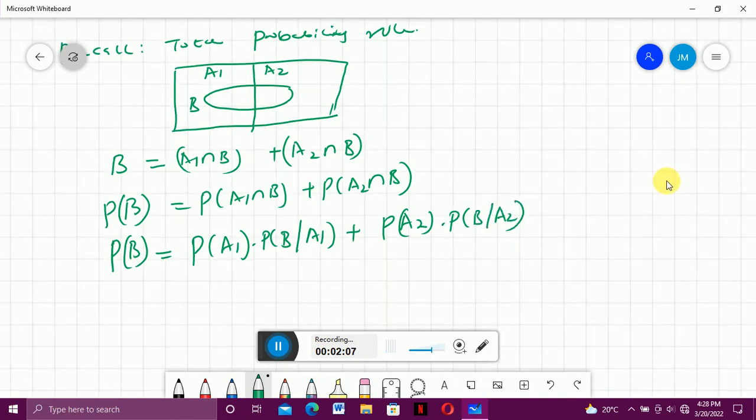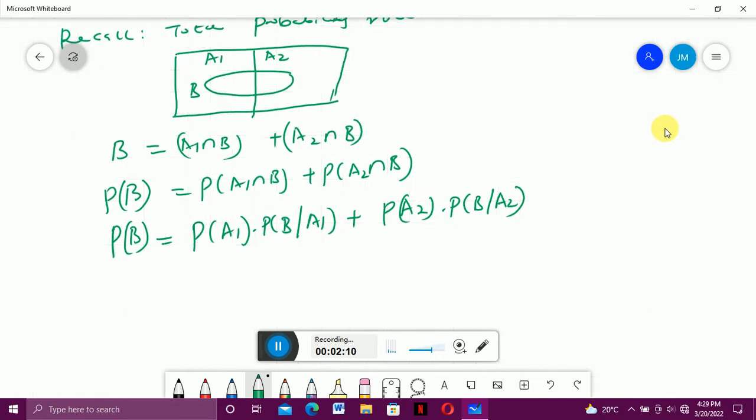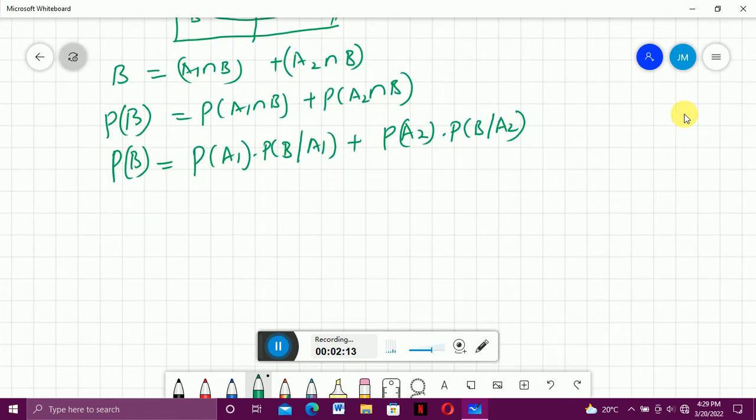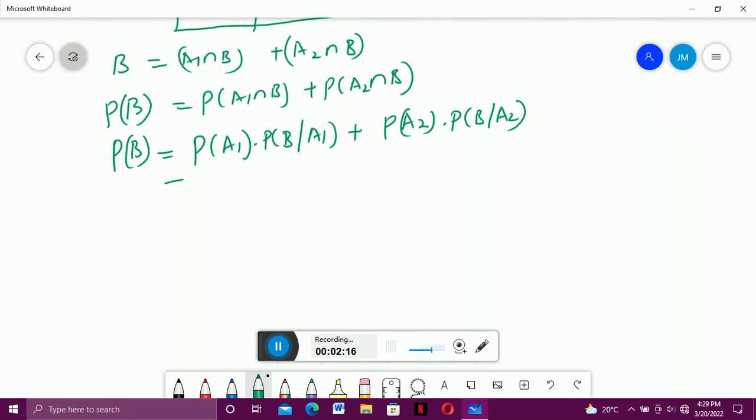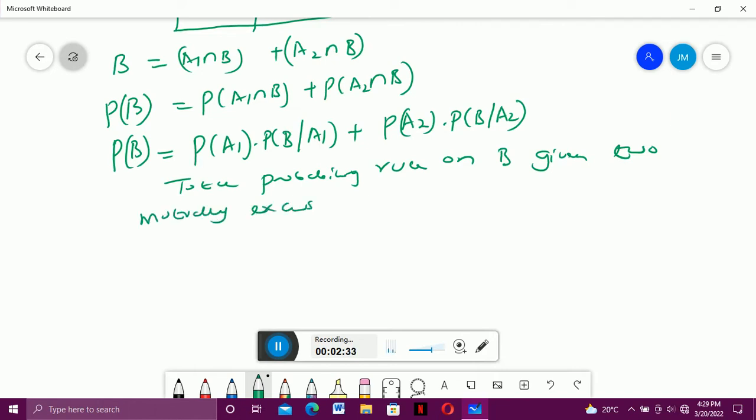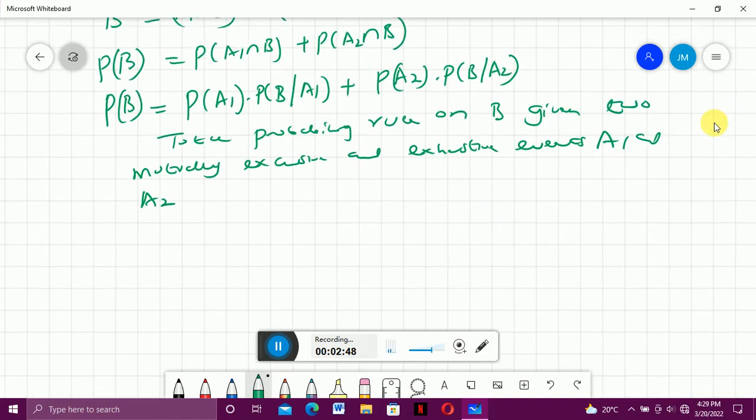This is the total probability rule on B, given two mutually exclusive and exhaustive events A1 and A2.